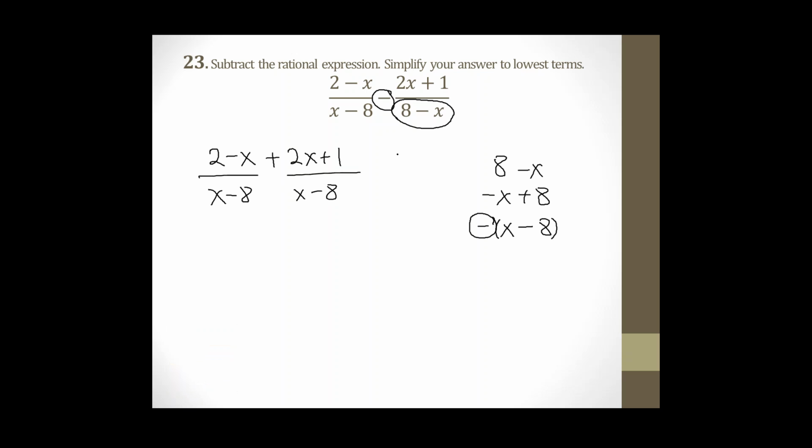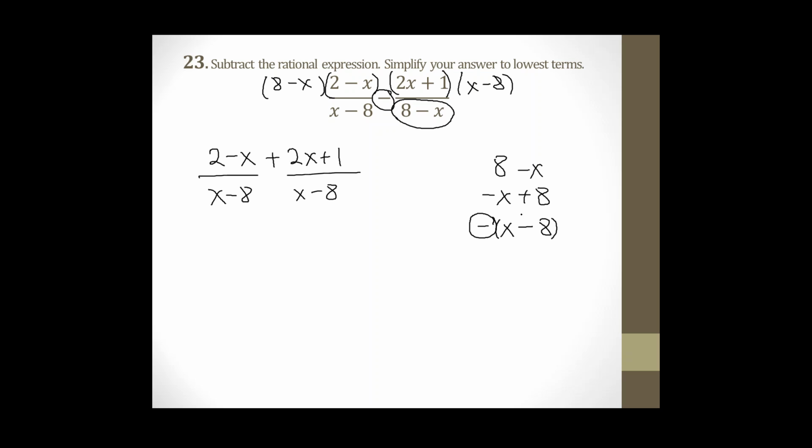Okay, but you could also have done this by multiplying this side by x minus 8, and then this side by 8 minus x. That should give you the same answer, but it's going to take way longer because you're going to end up with two foiling problems and so forth.